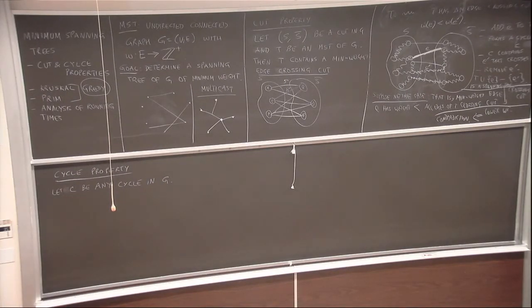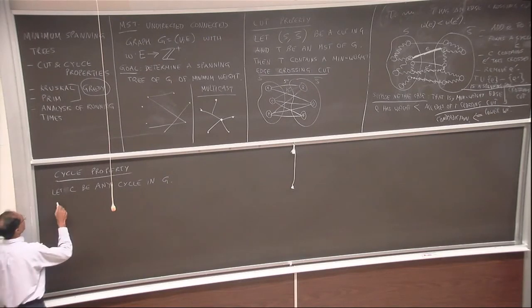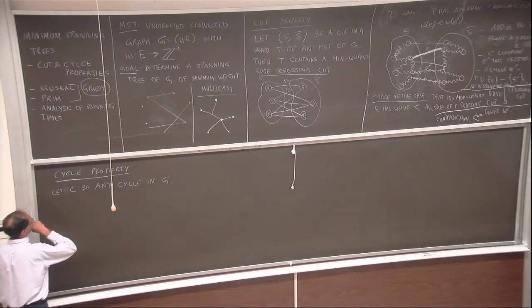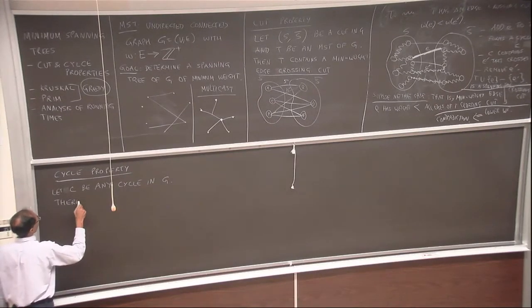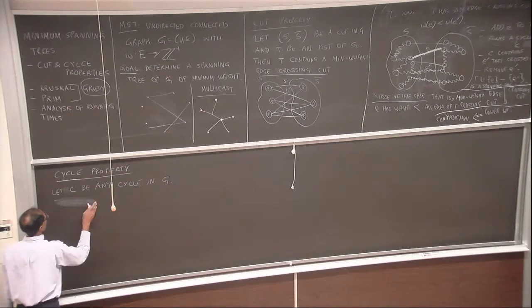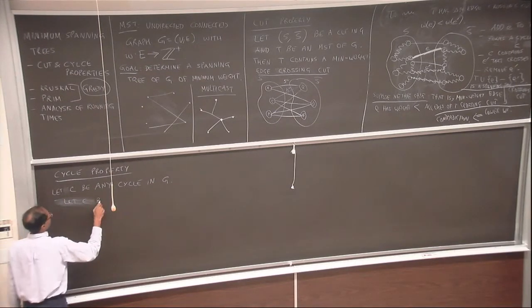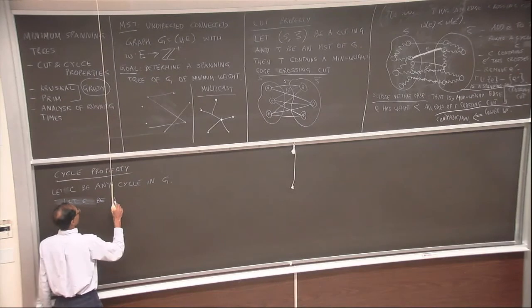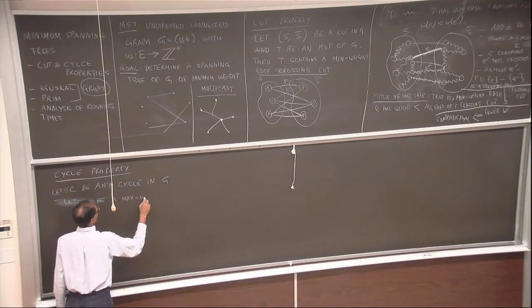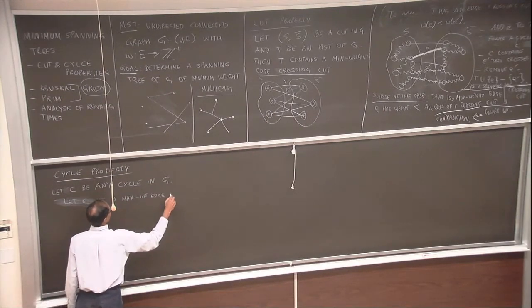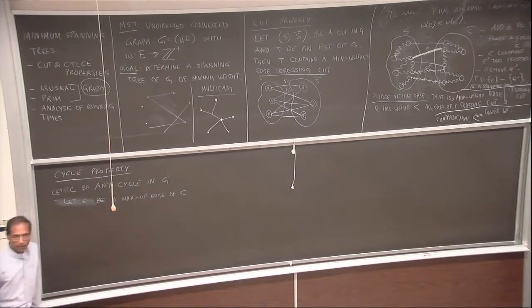Let C be any cycle in G, and let E be a max weight edge of C. Okay, again, what I mean by a max weight edge of C, look at all the edges of C, E has the maximum weight.